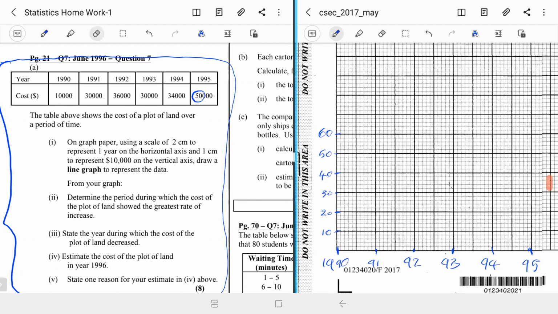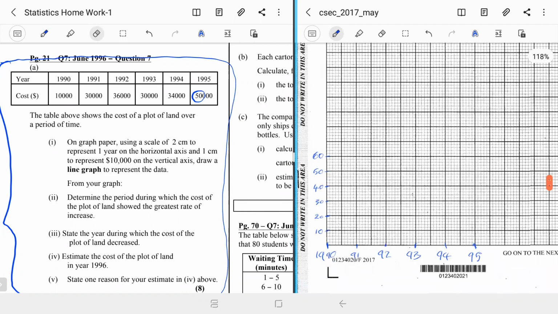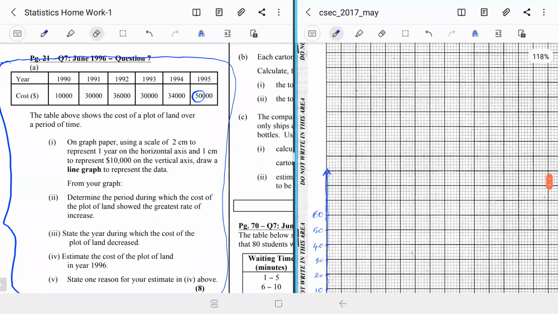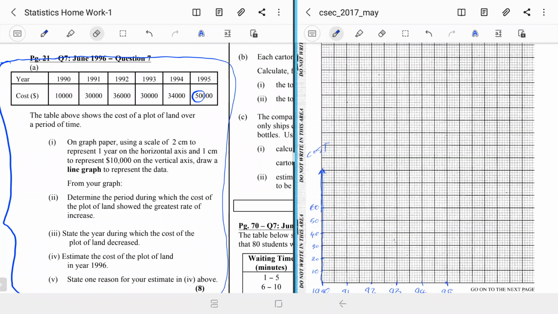Now I'm going to label this axis. This is my y-axis, my vertical axis. You might ask, how come you put 10? Because on the scale here, I'm going to write cost, a dollar sign, a dash, and 1,000.